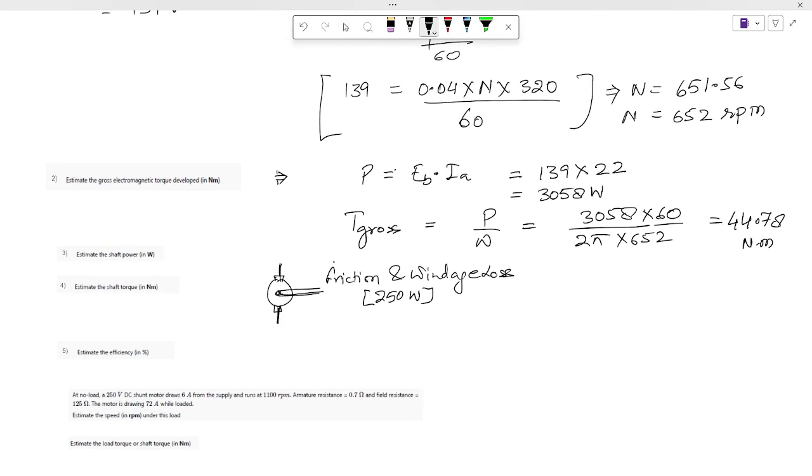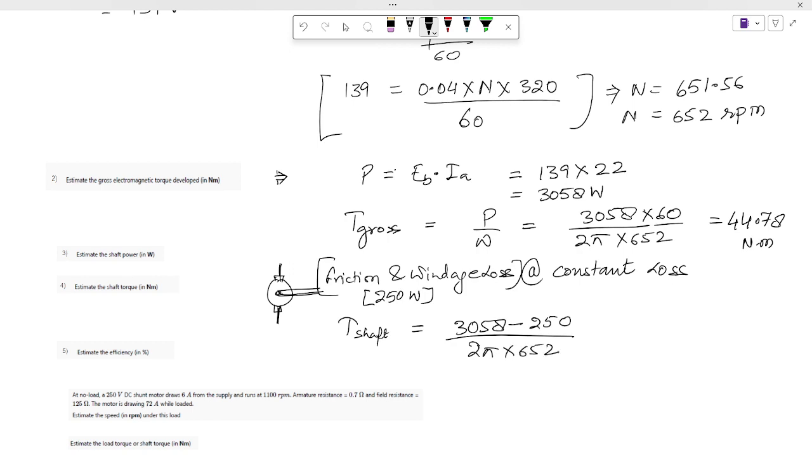These friction and windage losses are called constant loss. So to estimate the shaft torque, T shaft, it will be the total power available, 3058 minus the losses 250, upon 2 pi into 652 by 60, that is 2 pi N by 60.